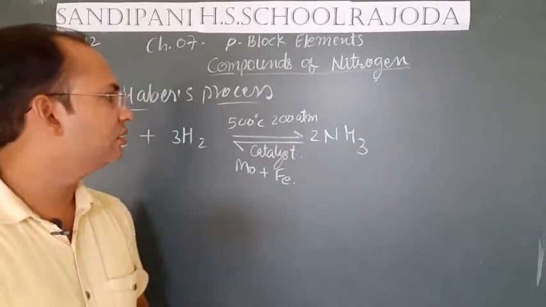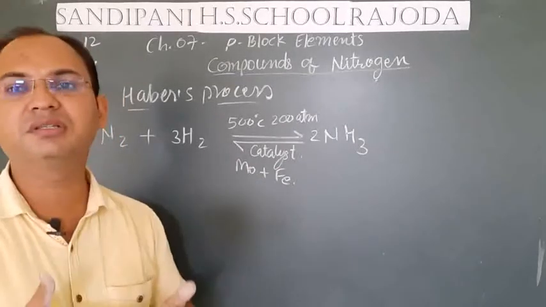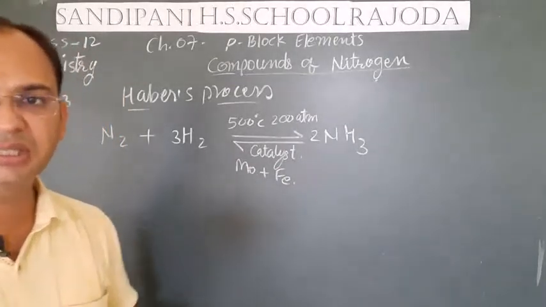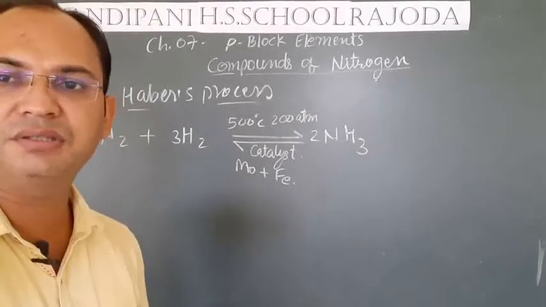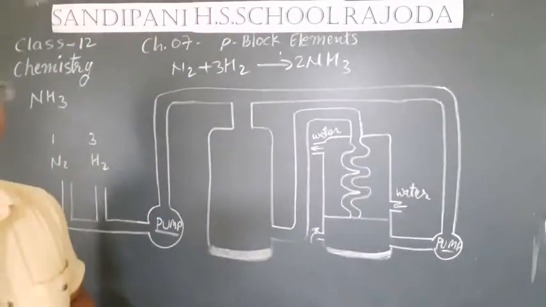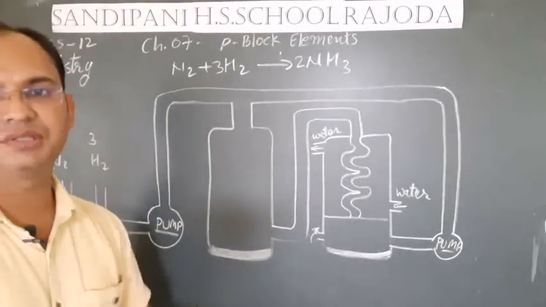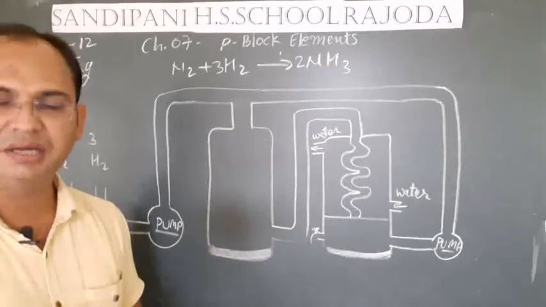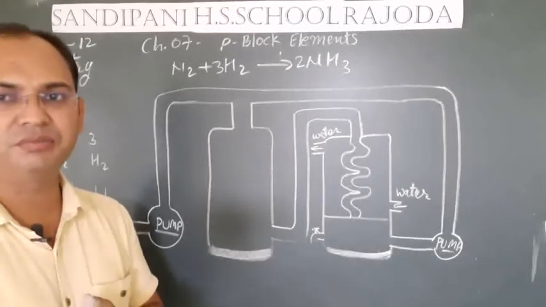Let's see the setup for the Haber's process, that is, what the diagram for Haber's process looks like. So students, here you can see the setup for Haber process, showing how the nitrogen and hydrogen get combined together to form the ammonia.